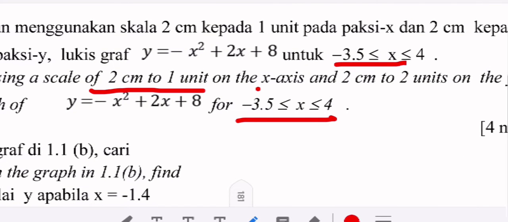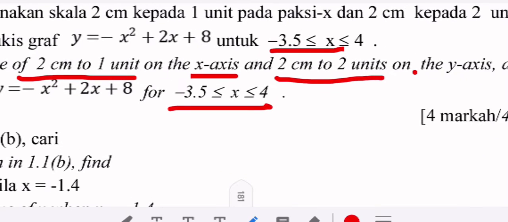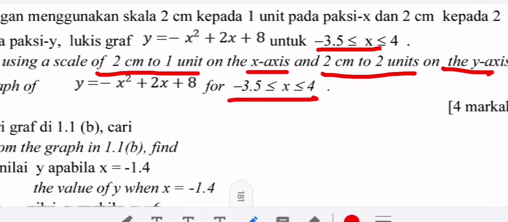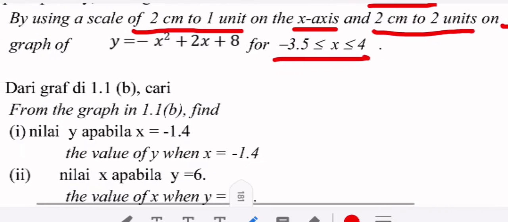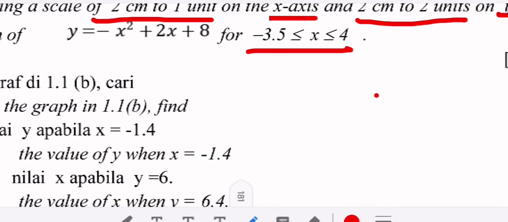and then you have to follow the scale of 2 centimeter to 1 unit on the x-axis and 2 centimeter to 2 unit on the y-axis for the equation with the domain of the x from negative 3.5 to 4 inclusive.